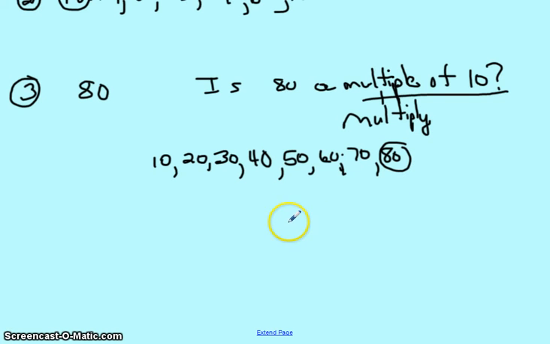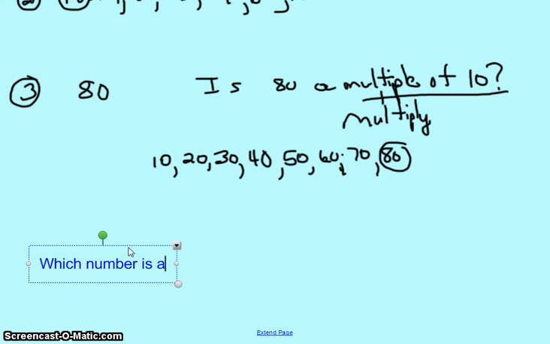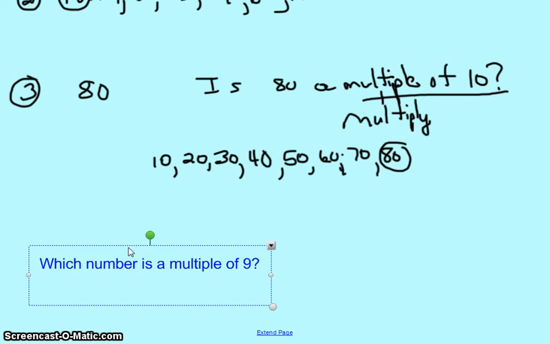Let's do an example. I want you to try this. Pause the video again, and try to answer this question. All right. Which number is a multiple of 9? Is it 0?